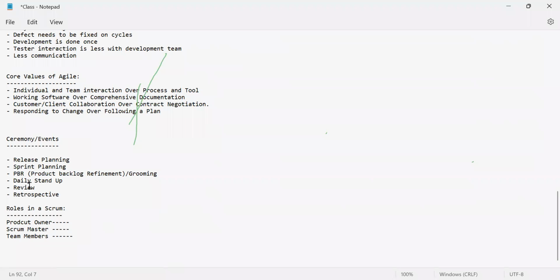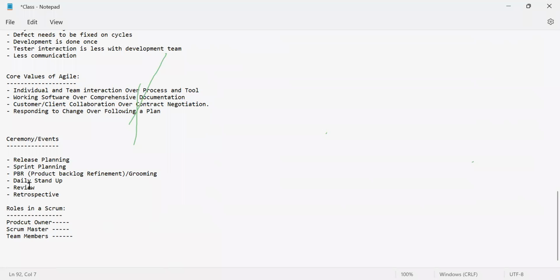I'm saying this more generically. If we discuss the actual story, we will come to know the definition of done and definition of ready. So PBR is to understand the stories in a more detailed way by all the team members.